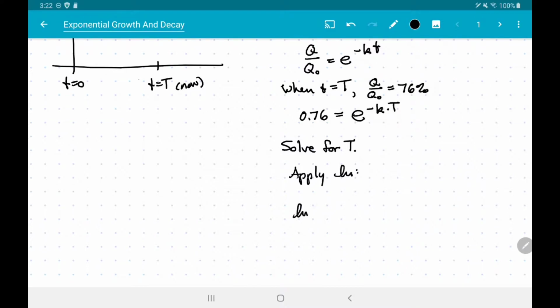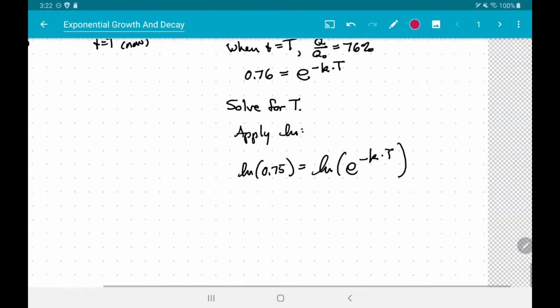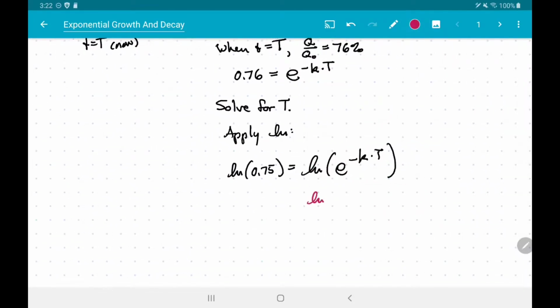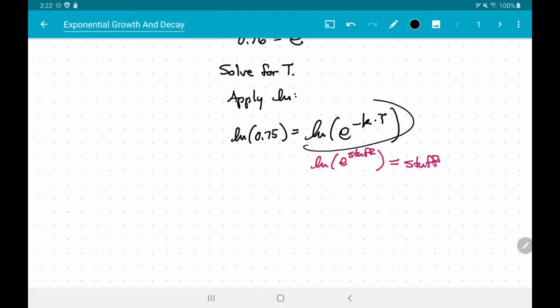Okay, so ln of the left, 0.76, is equal to ln of the right, e to the negative k times t. And as I've mentioned, the key point here is that ln is the inverse operation to the natural exponential, so ln of e to stuff simplifies down to just stuff. That means this right-hand side can be simplified nicely.